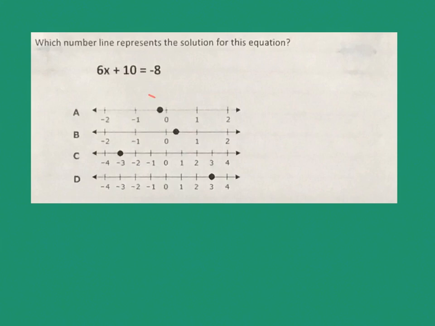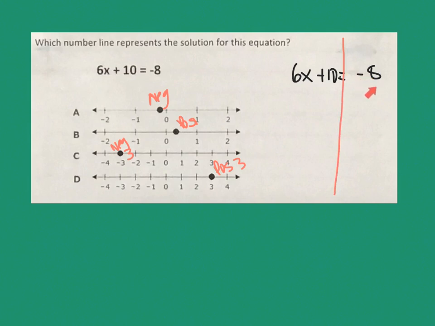I'm not sure, but this one I know for sure is negative 3. This one is a positive, and then this one is positive 3. So when I solve this over here, 6x plus 10 equals negative 8, I'm going to get one of those values. So again, first step, draw a line down.